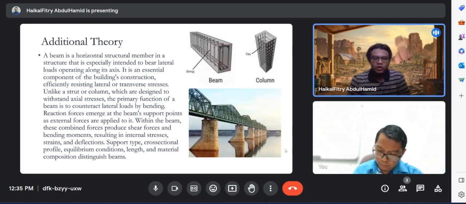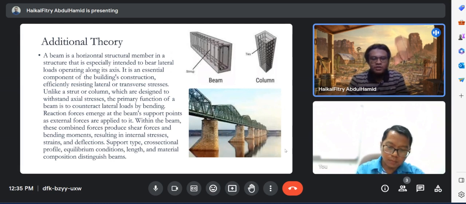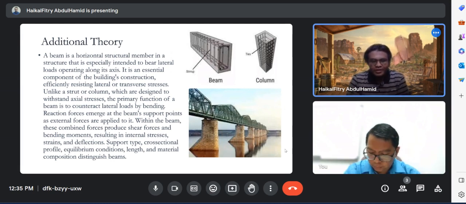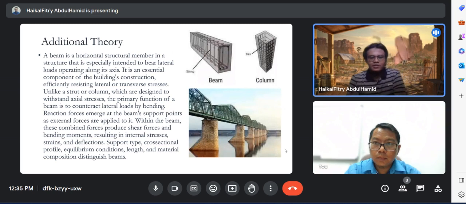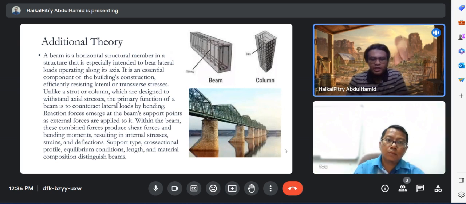Unlike the strut or column, which are designed for axial stress, the primary function of a beam is to contract the load by bending reaction. Within the beam, this combined force produces shear force and bending moments, resulting in internal stress, strain, and deflection. Support type, cross-sectional profile, equilibrium condition, length, and material composition distinguish beams.